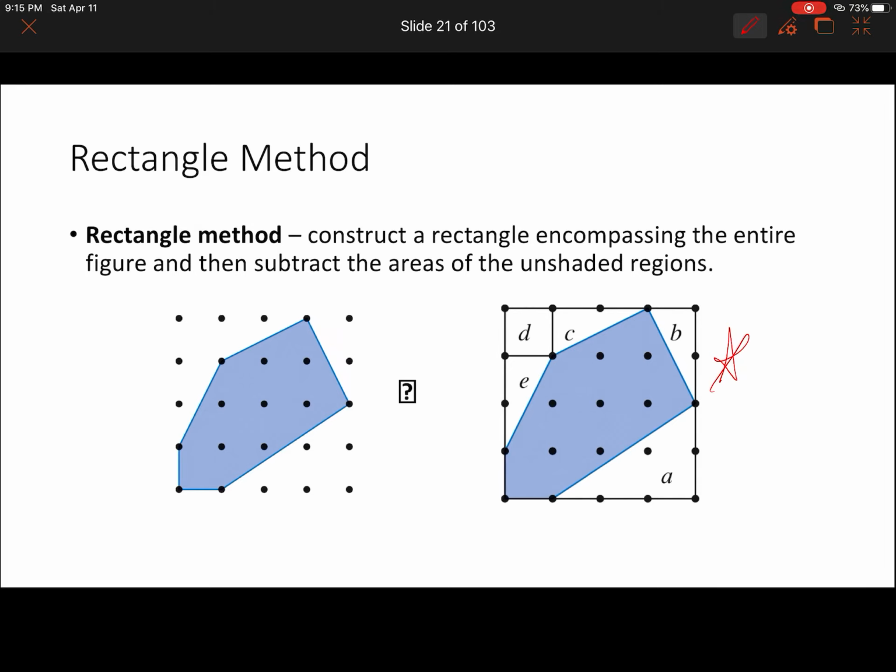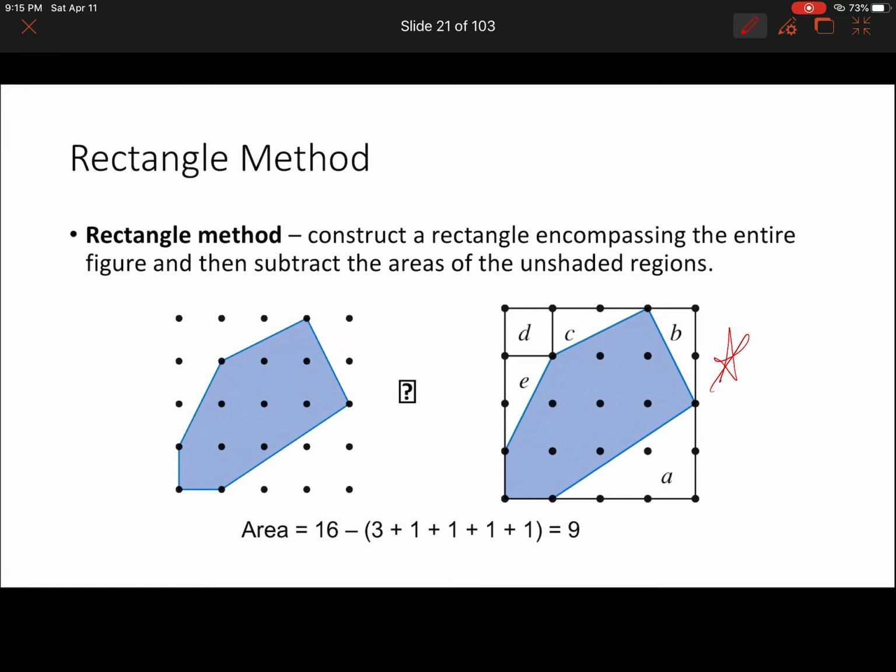If we want to know the area of the shaded area, there's not really easy ways to determine that. And so if we can take out this section A, section B, section C, D, and E, well, then we can figure out what the area of that shaded area is. Take the total, subtract this part that's not shaded, leaves you the area of what is shaded.